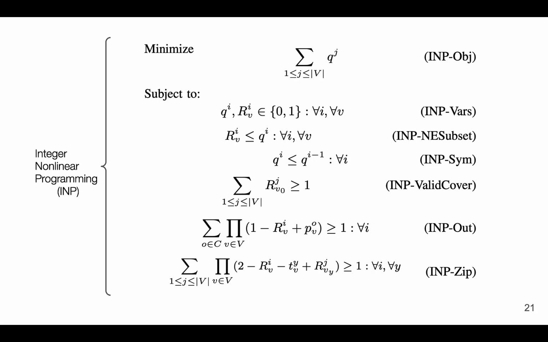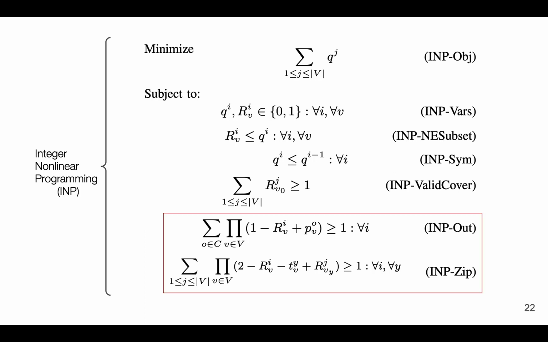The properties of determinism and output simulating are written as nonlinear constraints. This formula only has a polynomial number of variables and constraints, which is a big improvement compared to the prior published complete algorithms. But it has nonlinear constraints, which are hard to solve.